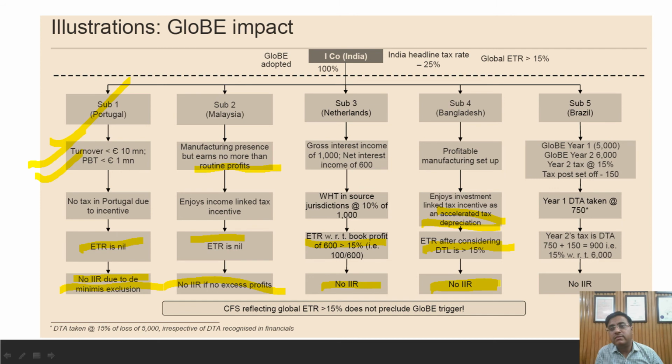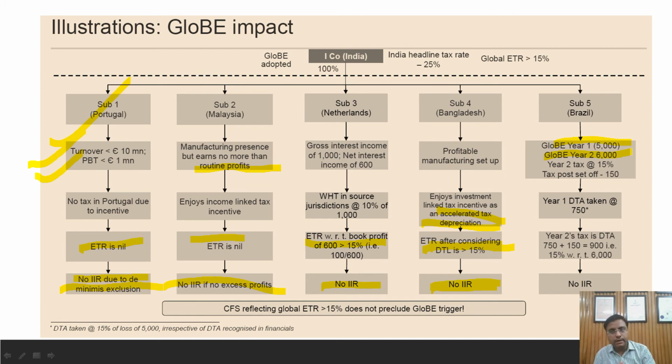In respect of Brazil, your first year loss is 5,000 and second year profit is 6,000. Since you have a first year loss, your deferred tax asset, 15% of 5,000, is the deferred tax asset of the first year. That needs to be reversed in the second year, since you are going to set off your brought forward losses.